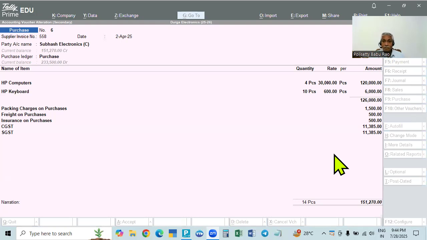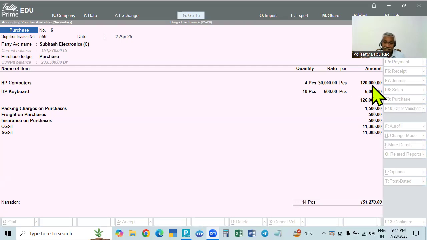The second method is, irrespective of the value or GST rate of the stock items, the stock items will be calculated as per their respective rates, and all the expenses will be calculated at 18%. Generally, in GST, for all services the tax rate is 18%. That is why we calculate the tax on the expenses totally at 18%, and the stock items at their respective rates, and then the total amount will be calculated.